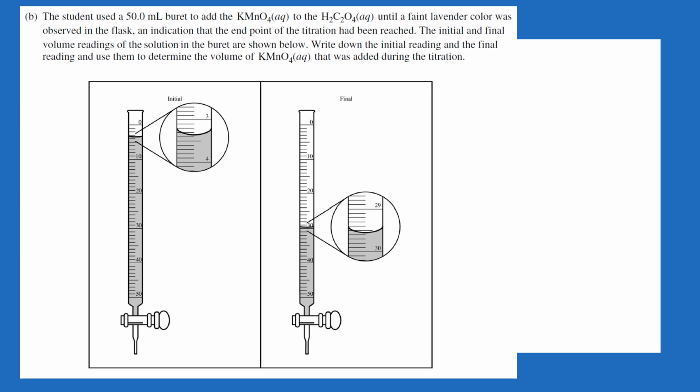So I know this is for the initial, I know it's 3 point something. I know it's 3.3 something because it's between the 3 and the 4 line. And then you estimate. It could be like 3.35. And if your last digit varies a little bit, that's okay, because that's your estimated digit. This one is 29.5 something. I'm going to say 5 as well. But you had to make sure that you're using 2 decimal places because of this device.